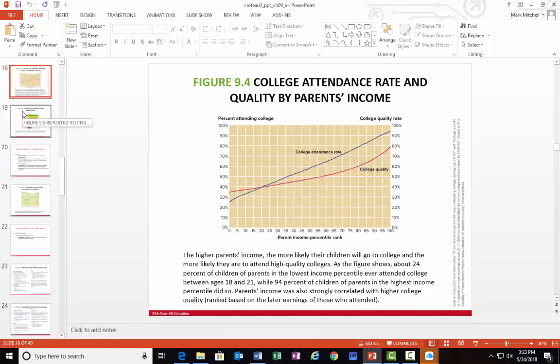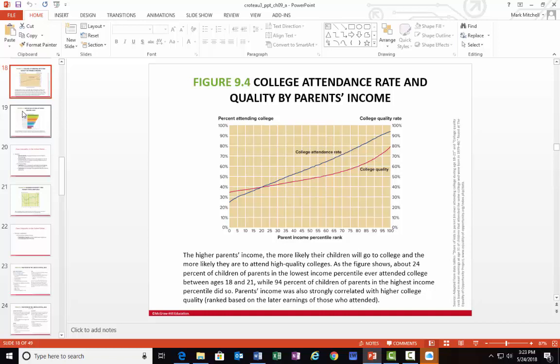Another interesting graph in our chapter, we have a bunch of them this time, but figure 9.4 simply shows two things being related, and that's college being attended by students and their income. So not only is attendance influenced by parents' income, but also the quality of institutions that students are enrolled in.